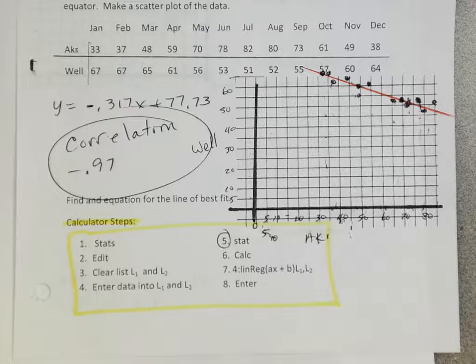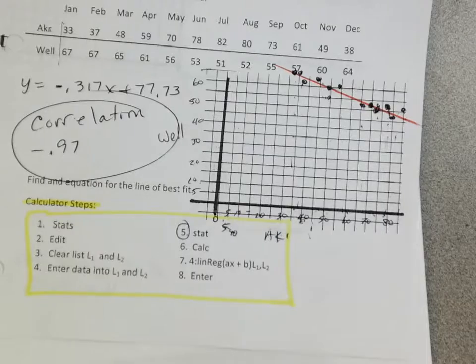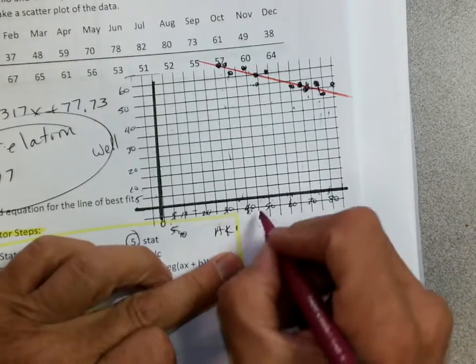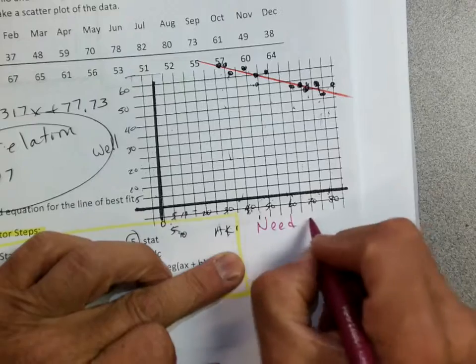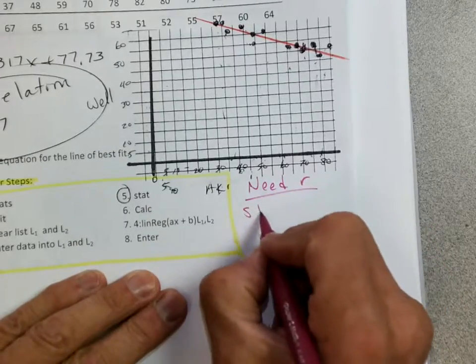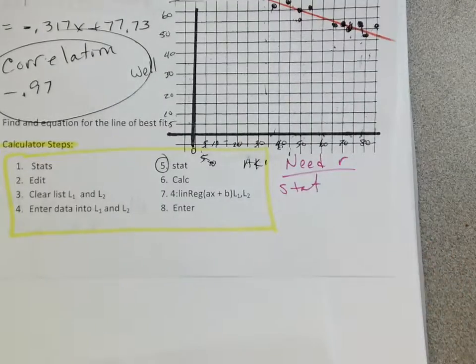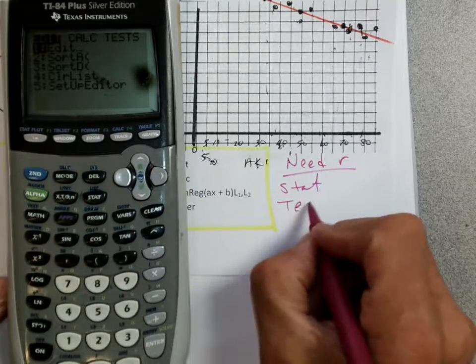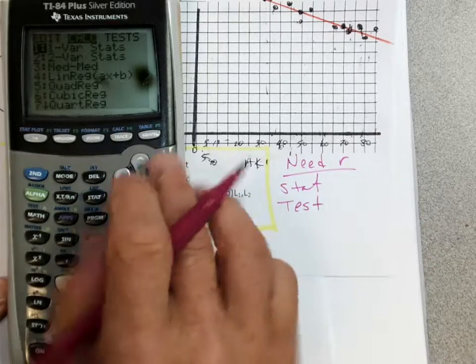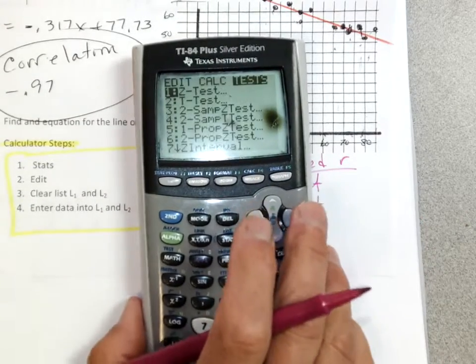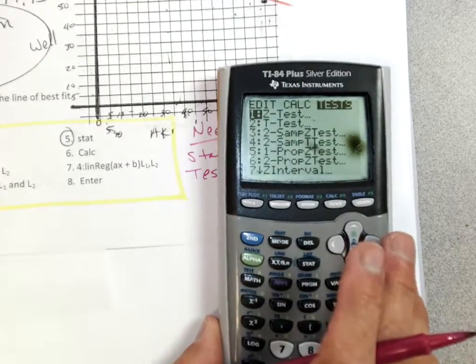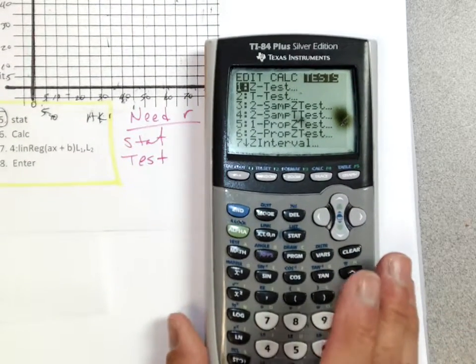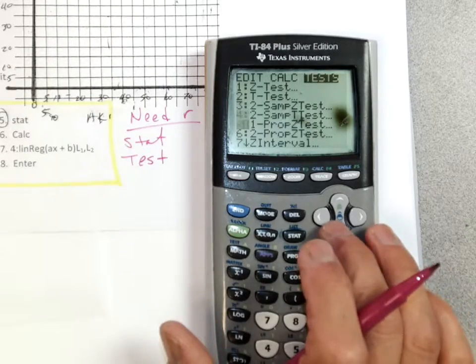Now the thing is, if you don't have that feature in your calculator, then here's how you find it. If you don't have it, write this down. It's actually pretty easy. If you need the correlation, if you need R, go back to stat. Go over to tests, and go all the way down to where we find our linear.